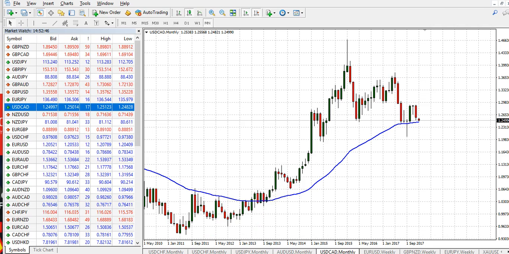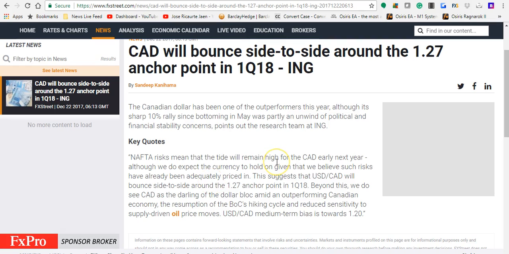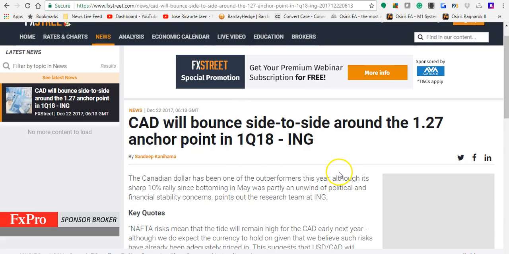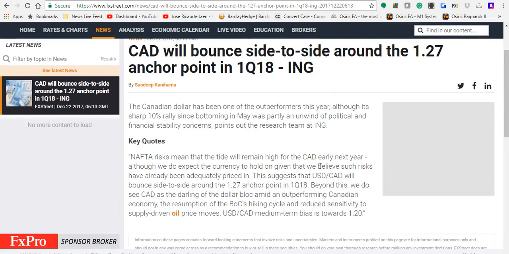And the last piece of fundamental that you want to keep in mind, I want to share with everyone, is something that Sandeep Kanihama published on FX Trade. It was published on December 22nd, and it's basically sharing the position of ING as far as what could happen in Q1 2018 with the dollar Canadian.